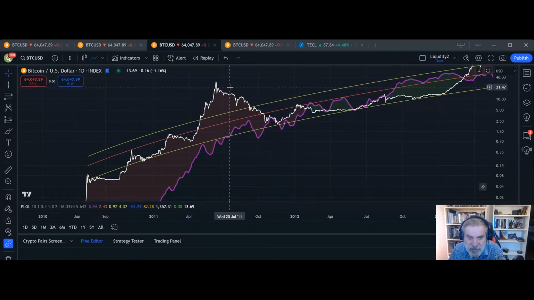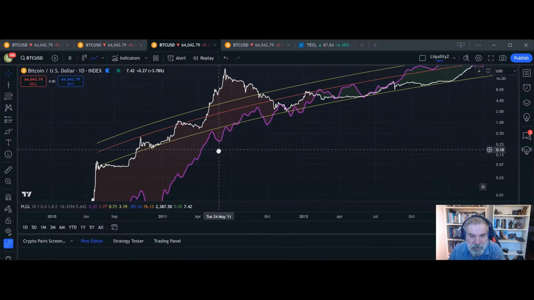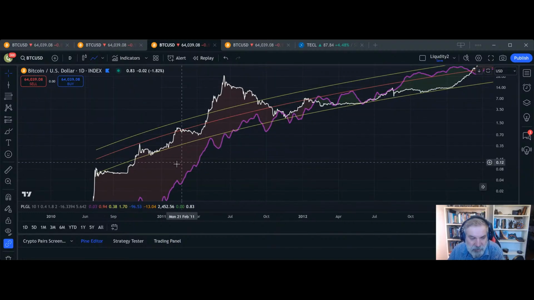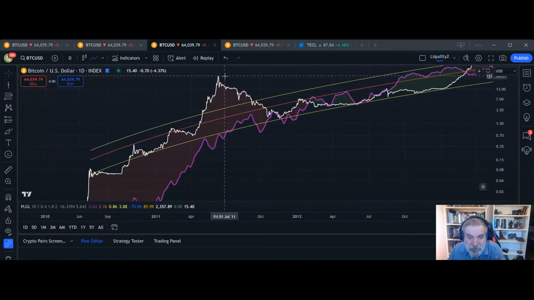So maybe just retailers were involved, and it was easy to push the price up. It looks like the exception that confirms the rule, that in this case we didn't need the liquidity to have a bubble. And it went up very fast in comparison, even if it went just to about $30, then crashed very quickly.